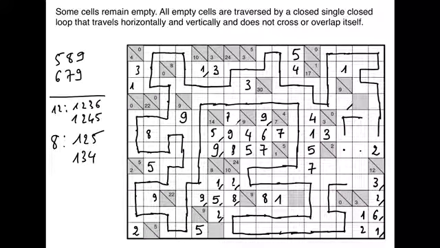So this is a corner, and it goes like this, and this, and the only way is this way. And now this is an 8, this is a 1, this is a 9, and this completes this puzzle.